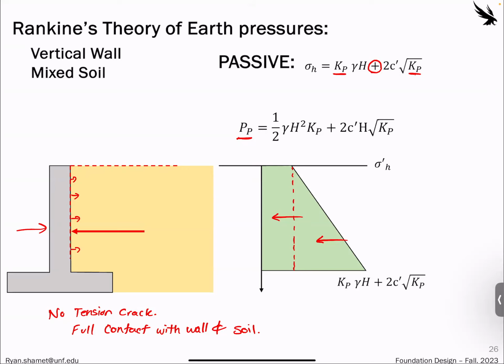So when the wall is pushing on the soil, the resulting resistance stress is the passive. And when the soil is doing the failing, it's actively failing, then that resisting stress of the soil is in the active state. That makes sense? Okay.